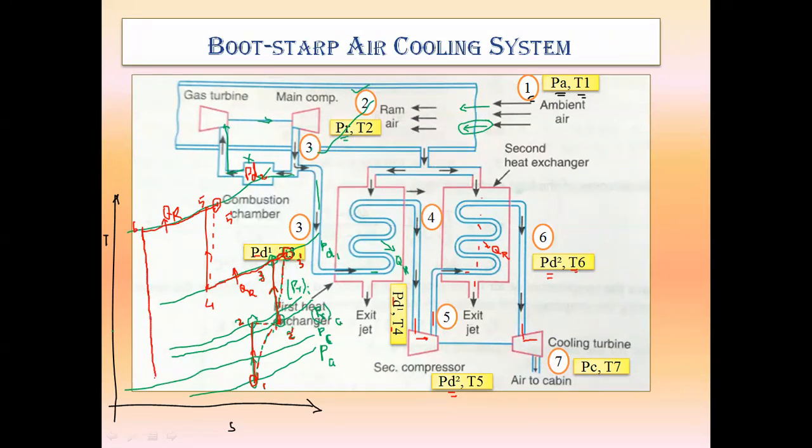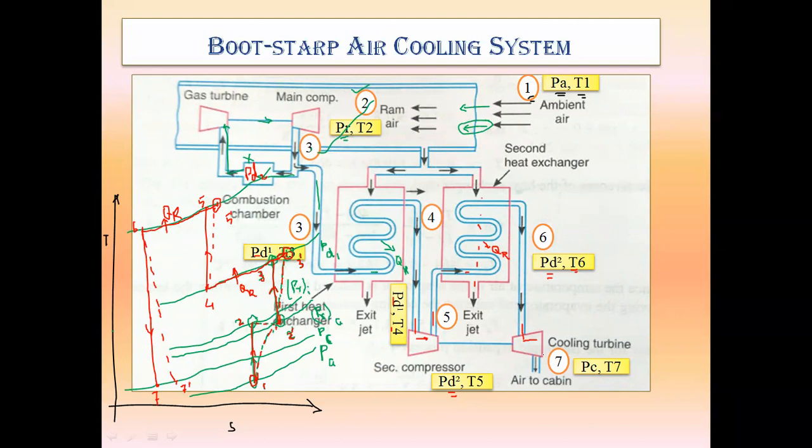So entropy will remain the same. So 6 to 7 process will be likewise, but as that cooling turbine consists of a number of moving parts, that will not be an isentropic process. Actually that process will be polytropic. So that polytropic process will be shown likewise as 6 to 7 dash.